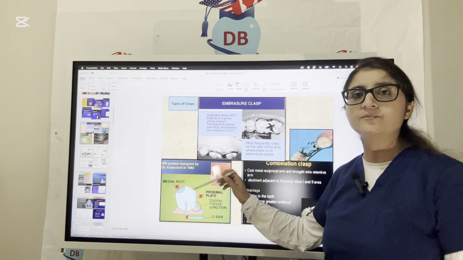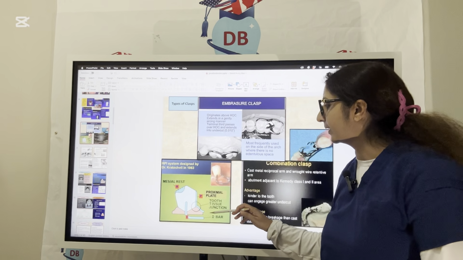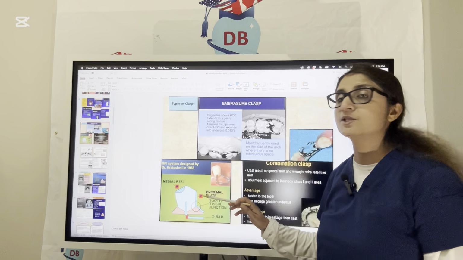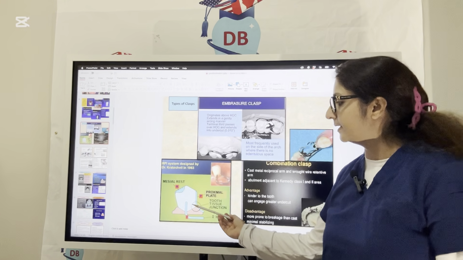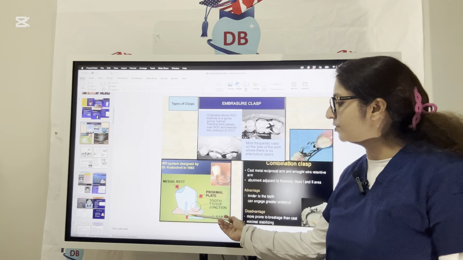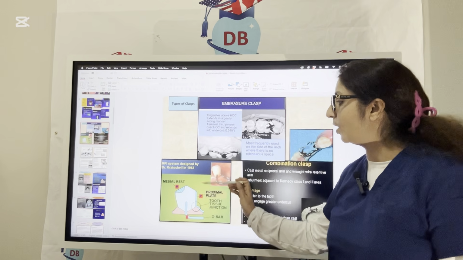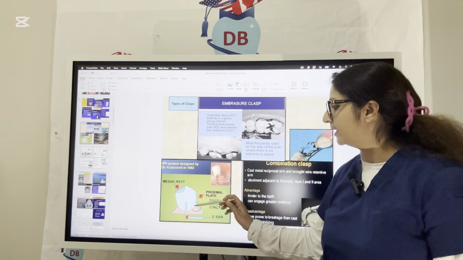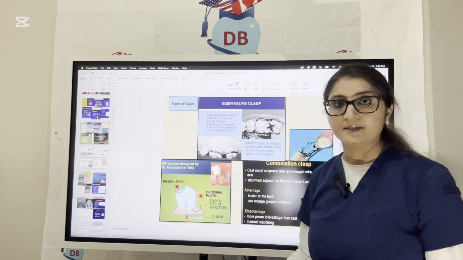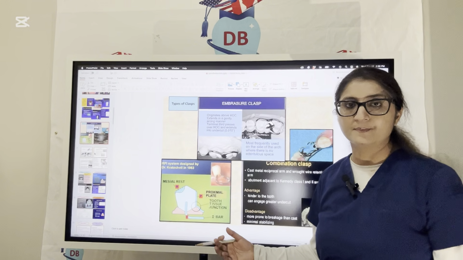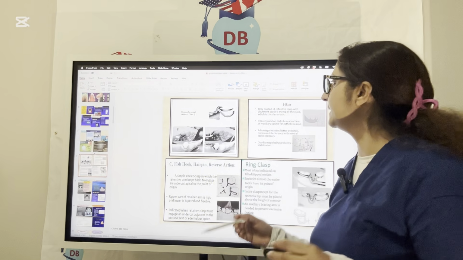When the occlusal forces are falling on the prosthesis, the RPI design with the mesial rest and proximal plate will provide the reciprocation. It will disengage the I-bar away and drop it down gingivally and mesially so that the forces are not falling on the abutment tooth. They are falling on the denture bearing mucosa where they are best tolerated. That is going to prevent damage to the abutment tooth and make sure that the forces are uniformly distributed.